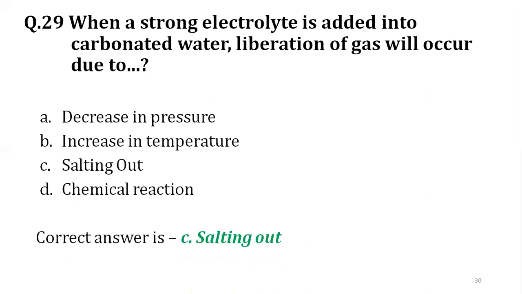You can do this experiment. Suppose you take carbonated drinks like Coca-Cola, Pepsi, or any other carbonated drink, and add a small quantity of NaCl. The rate of bubbling out will increase. This phenomenon is called salting out.